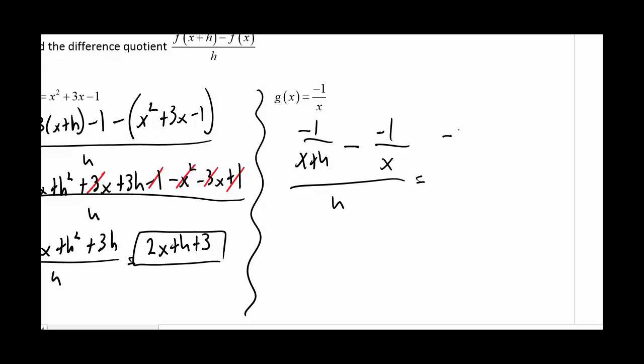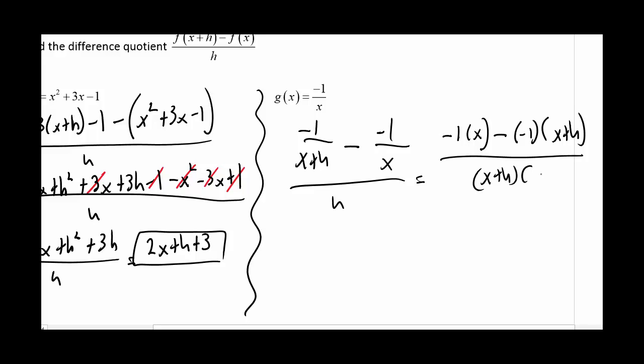So that's a negative 1 times x, subtract a negative 1 times x plus h all over x plus h times x. And then we've got that fraction rule that says if you're dividing by something, you multiply by its reciprocal, and all that's going to do is put the h in the denominator for us. So h times x plus h times x.